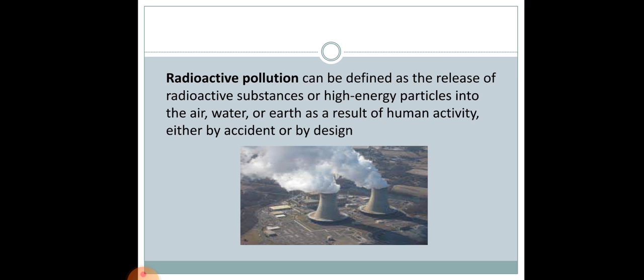It can also happen from leakages or accidents at nuclear power plants, as well as from improper disposal of nuclear waste. This pollution results in various adverse effects like birth defects, cancer, deteriorating health, and finally it may also lead to death.